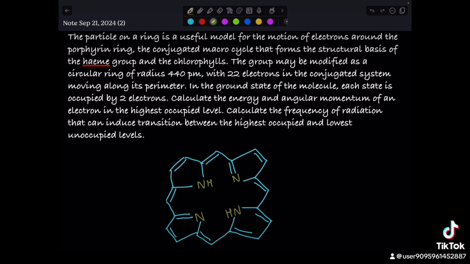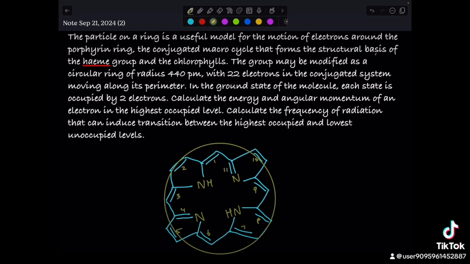There are 22 electrons in the conjugated system, which means there should be 11 pi bonds. Let's count them. 1, 2, 3, 4, 5, 6, 7, 8, 9, 10, 11. And this is in the form of a circular ring like this.